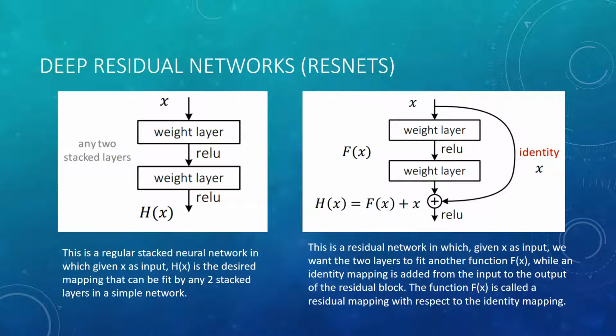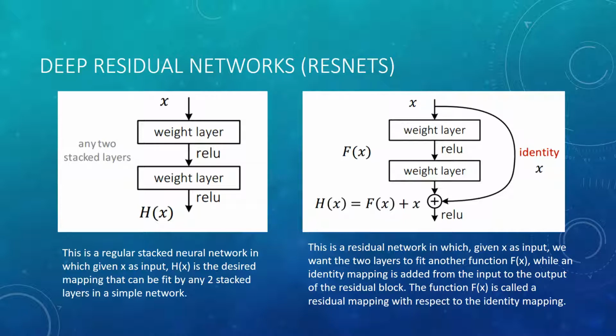On the right, we see a ResNet in which, given these 2 weight layers, we want to fit a function F(x) as compared to the function H(x) in the left figure. We want these 2 layers to fit the function F(x), and we add an identity mapping from the input to the output of this residual block.